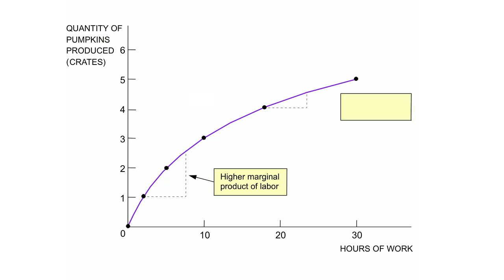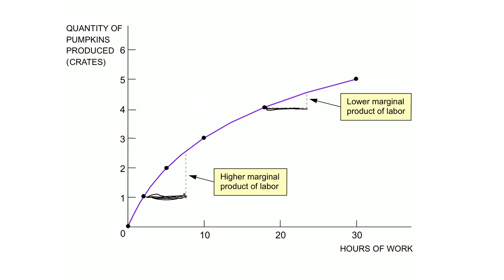At high levels of production, over in the upper right, you get a smaller amount of output for each amount of labor input. These little lines here try to illustrate that. So the distance there is the same as the distance here. So that's a certain amount of increase in the hours of work.